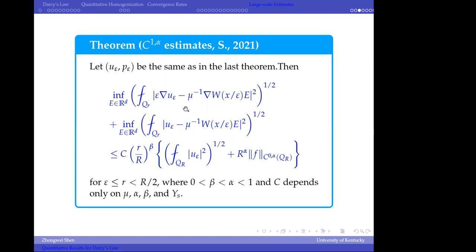For the derivative, you again multiply by epsilon, and this all becomes the leading term. So E again is a constant. You take an infimum over all such constants, and that gives you the so-called C1 alpha estimate, or maybe C1 beta in this case, because beta has to be less than alpha.